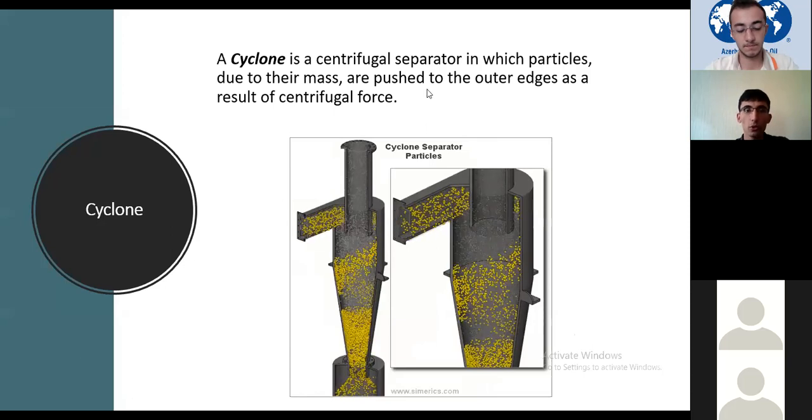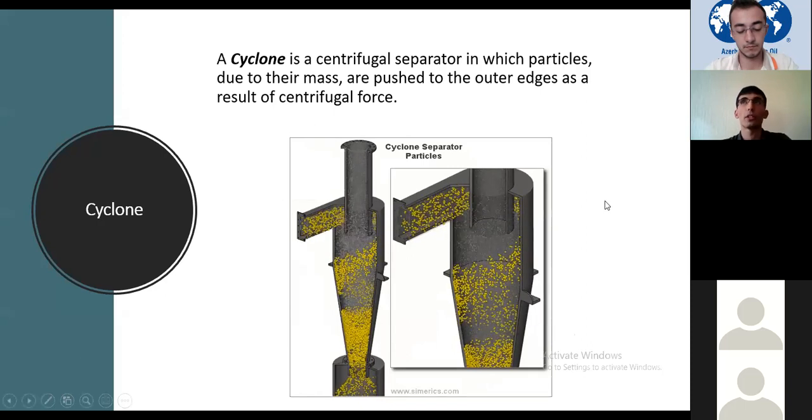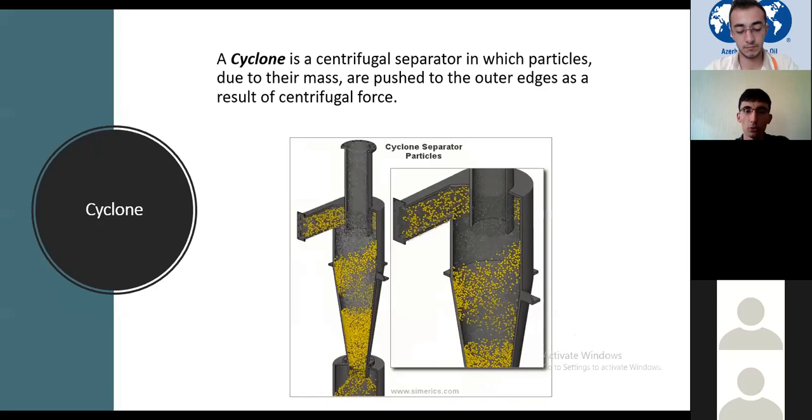And there's also a cyclone. By the way, I mentioned our polymer dryer. Between the gas scrubber and our polymer dryer, there's a cyclone we're using. Cyclone is based on an interesting physical fact.